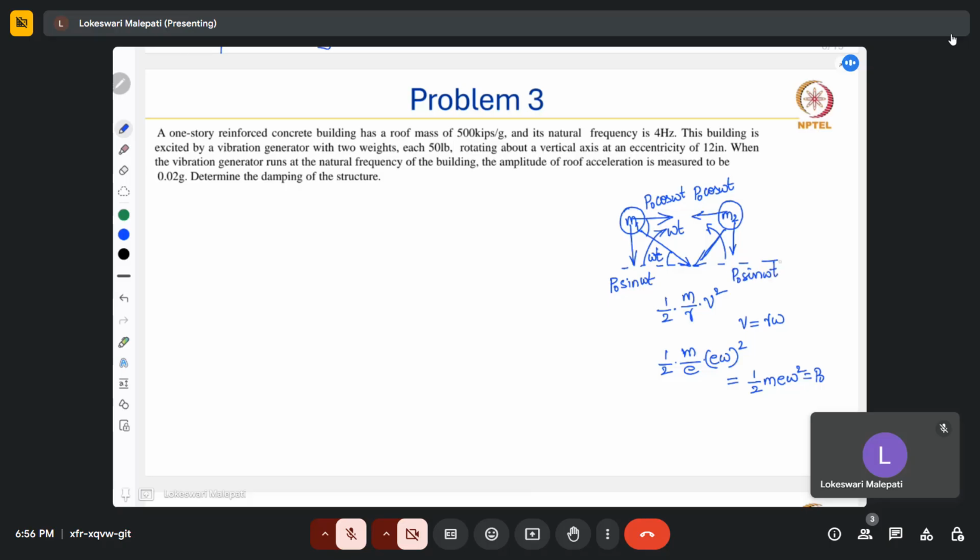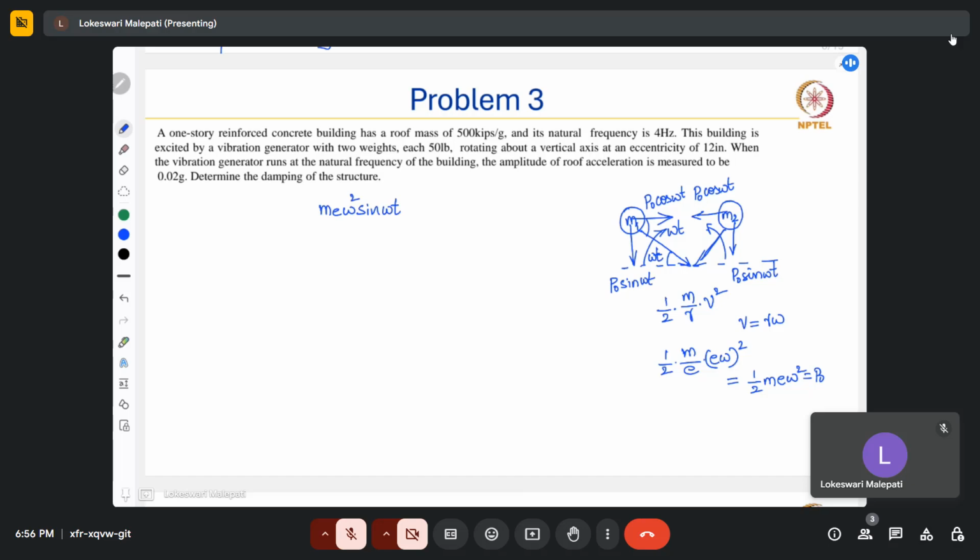So the total force generated by this vibration generator is m e omega square sin omega t.